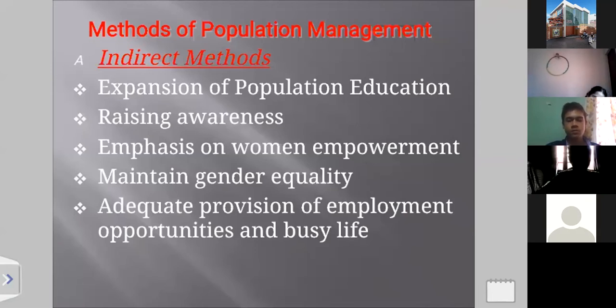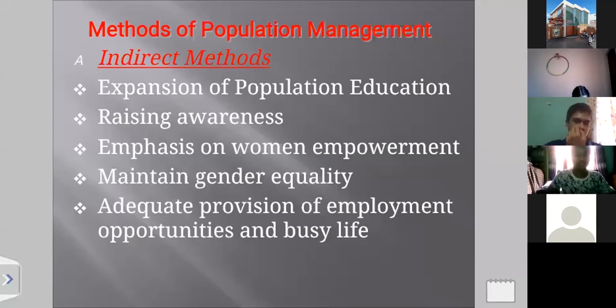Without equality, it becomes very difficult to manage the population as well as to develop the nation. But if we create gender equality, then both male and female realize their responsibilities for the management of population as well as for the development of the nation. So let's provide equality among males and females in the context of Nepal. Okay, that is maintaining gender equality.